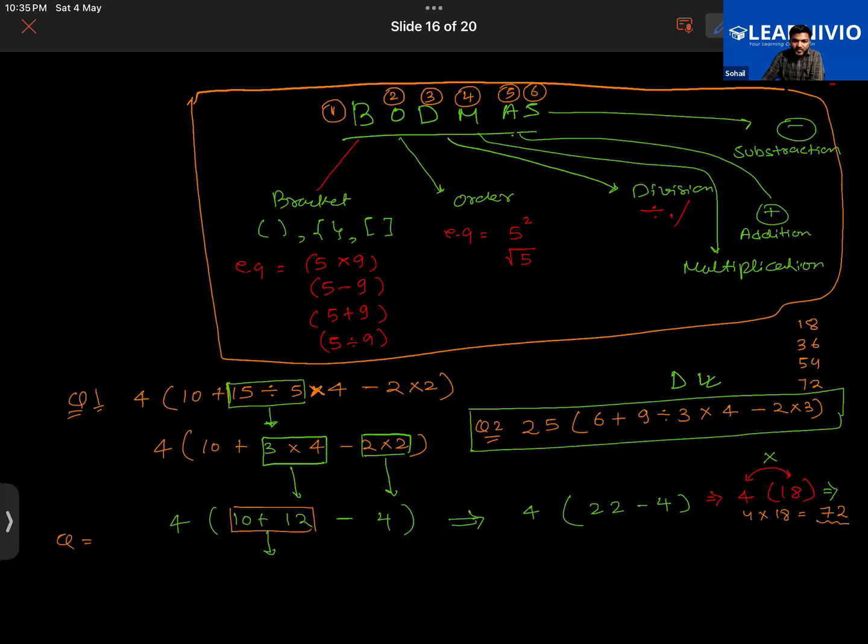Anyways, see, basically, 25 times, here 9 will be divided by 3 first of all, so thereby it becomes 3. 6 plus 3 times 4 minus 2 times 2 times 3. You will be multiplying 3 and 4, then 2 and 3, so it becomes 12. This is 6. So 6 plus 12 minus 6. Should I add or subtract first?